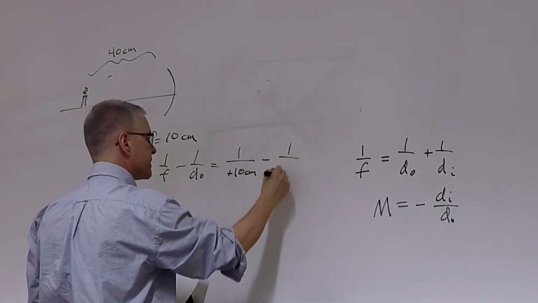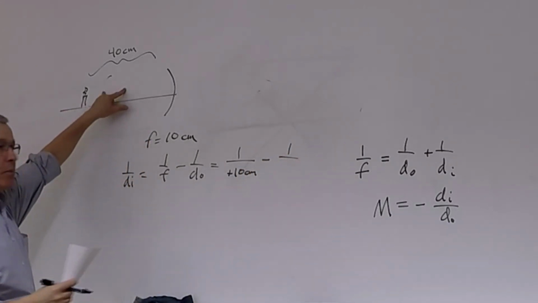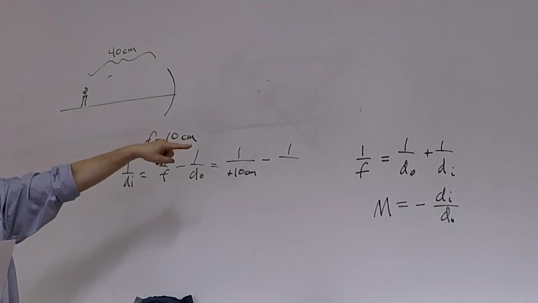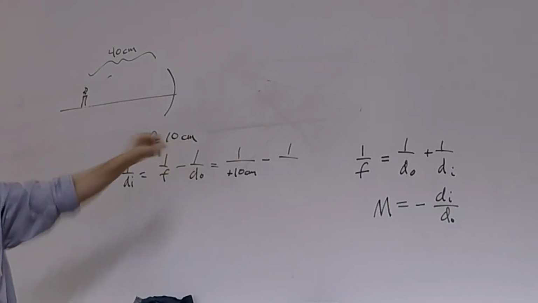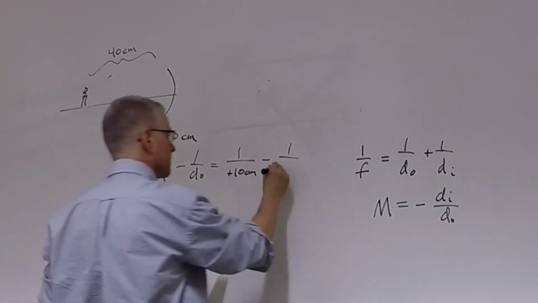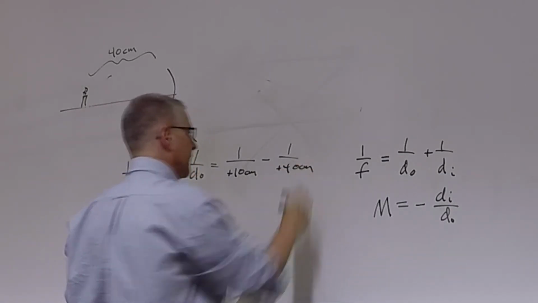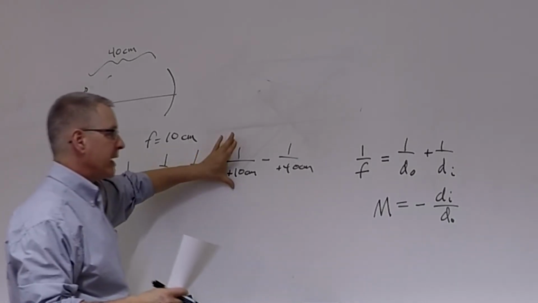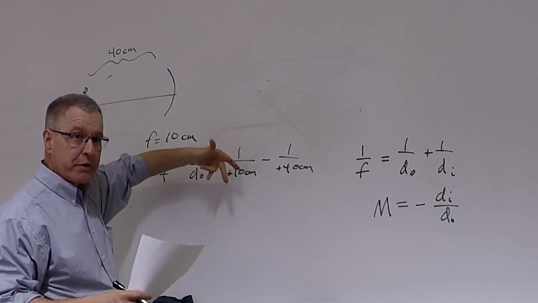Minus 1 over distance to the object. I'm 40 centimeters away. Am I in front of the mirror or behind it? I'm in front, so that's plus. And as we saw when you're dealing with capacitor equations and resistor equations, notice that whatever I get here is not my answer. I have to take the inverse of that.